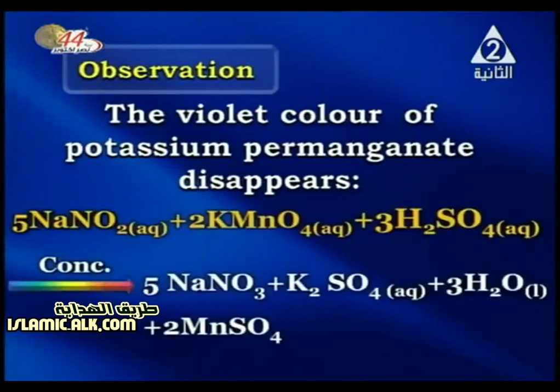As the equation proceeds on the screen, 5NaNO2 plus 2KMnO4 plus 3H2SO4, concentrated acid here, gives 5NaNO3 and K2SO4 and 2MnSO4 plus 3H2O, as the following animation shows.